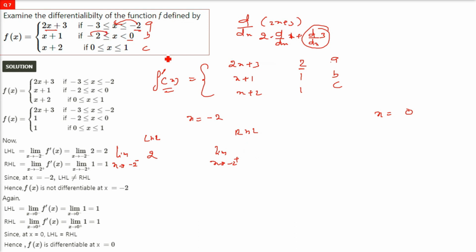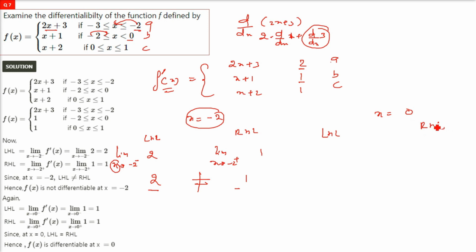On the right, it will be 1, because you are ahead of minus 2. So LHL and RHL for this derivative are 2 and 1, because these are constants only. So they are not matching, so it is not differentiable at negative 2. Let us check at x equals 0, LHL and RHL for the derivative.